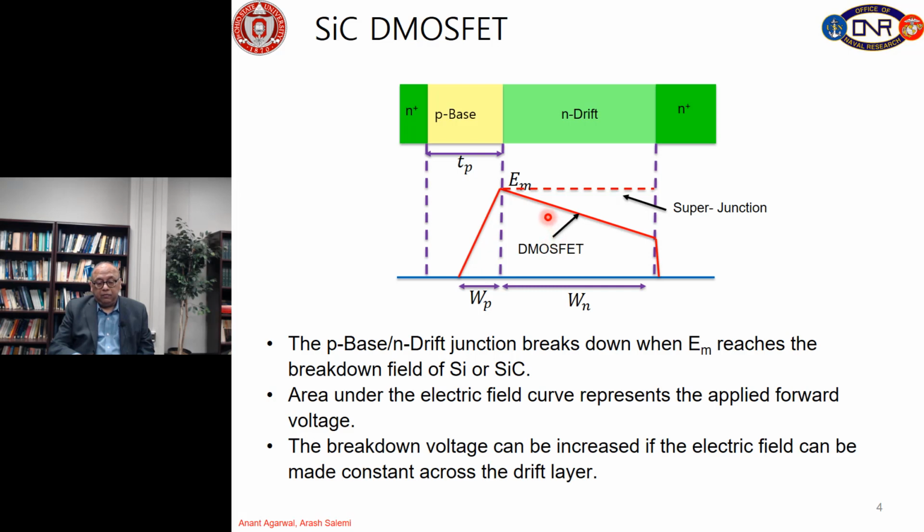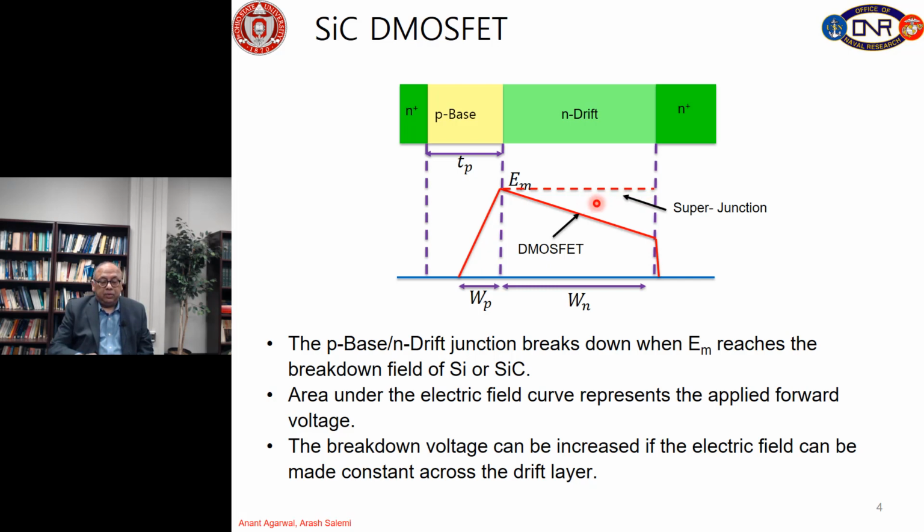Now, if we want to increase this breakdown voltage, we have to think of a structure where the electric field doesn't reduce like this. It almost stays constant throughout the drift layer. And we are of course talking about the Y direction of the MOSFET.